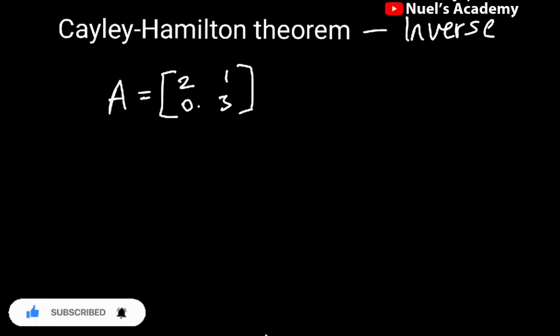And this is the determinant of this, right? Determinant of matrix A minus lambda times identity matrix equals 0. So let's compute this. Matrix A is giving us 2, 1, 0, and 3, then minus lambda times identity matrix, then equals 0. Let's not forget the determinant.